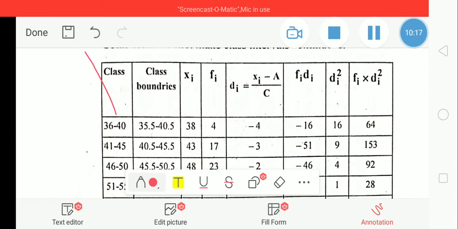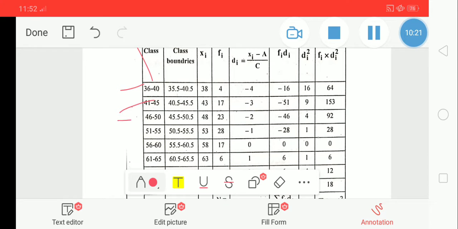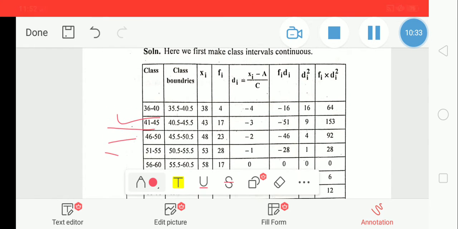In this way we can write the class intervals 36 to 40, 41 to 45, 46 to 50, 51 to and so on. These are given with the first term and second term, and this is not continuous. So we can write it in a continuous way: first term minus 0.5 and second term plus 0.5.